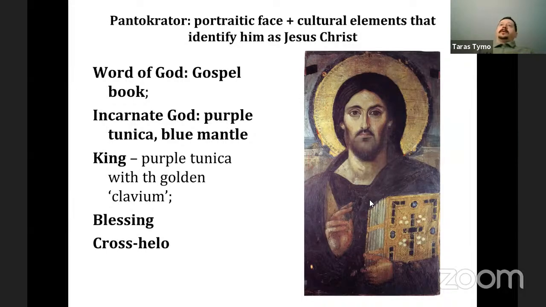And the mantle on top of the red tunica is always blue. So the red is covered with the blue. This fire of divinity is covered with body. Jesus is God dressed in human body, in human nature.